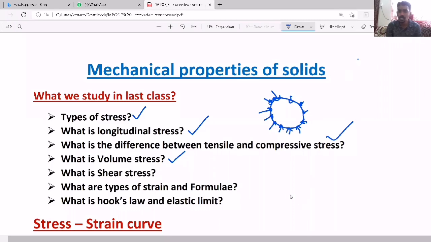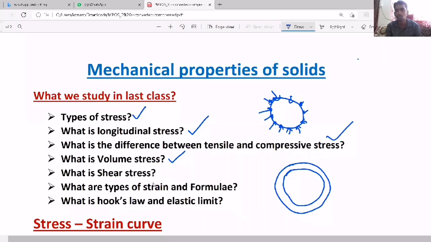Such that the sphere remains a sphere, but its size slightly decreases. That we call volume stress, nothing but pressure.